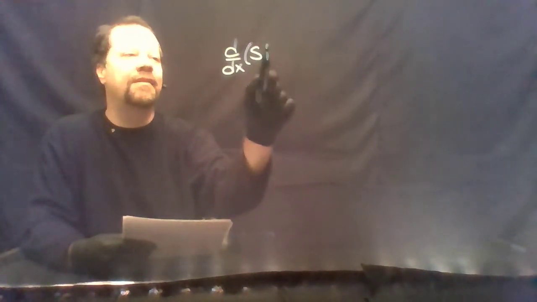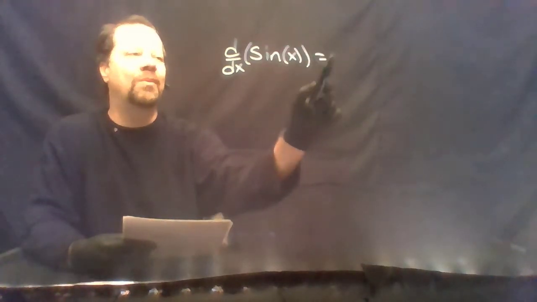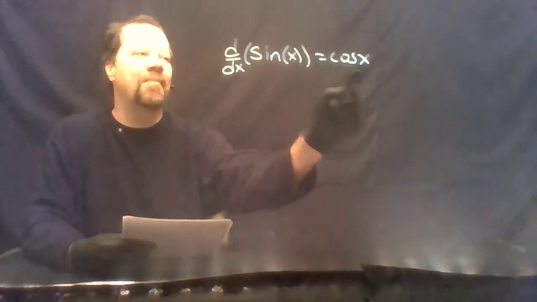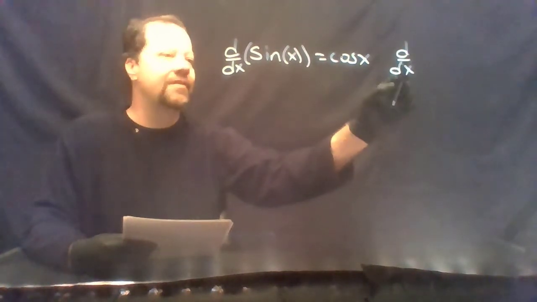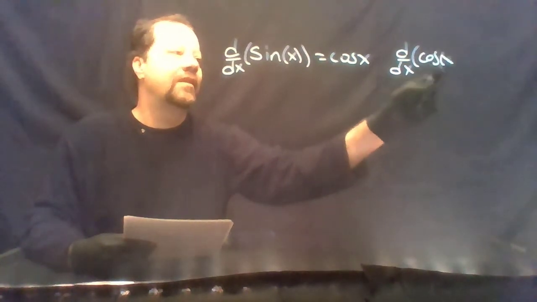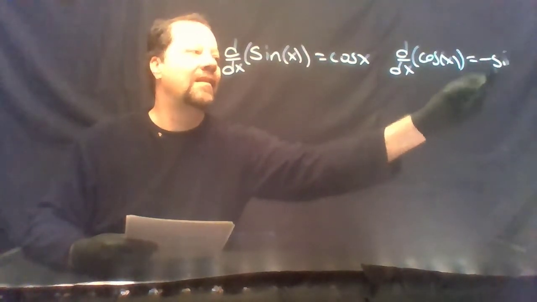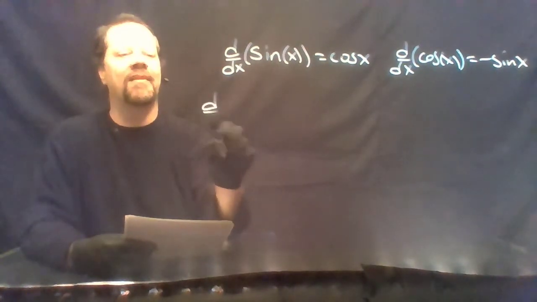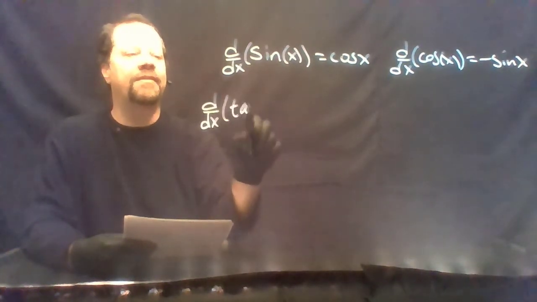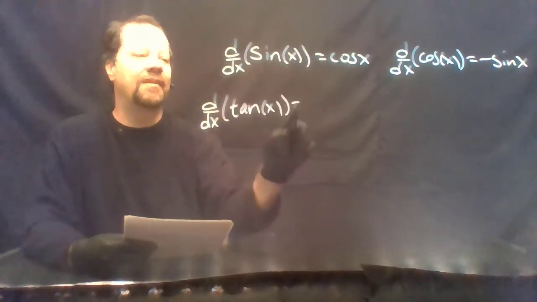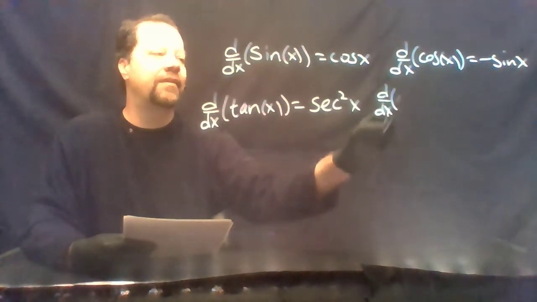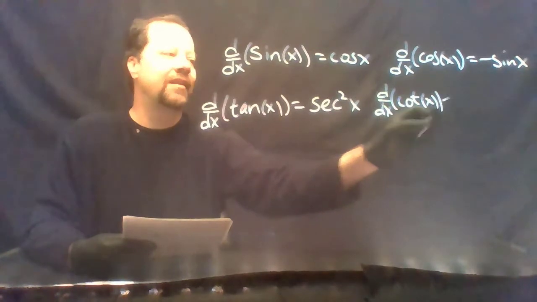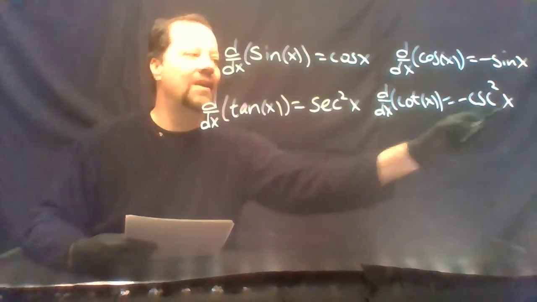In the table, we have the derivative of sine of x equals cosine x. To the right of that, I'll do the derivative of the cofunctions. The derivative of cosine of x equals minus sine of x. The derivative of tangent of x equals secant squared of x, while the derivative of cotangent of x is minus cosecant squared x.